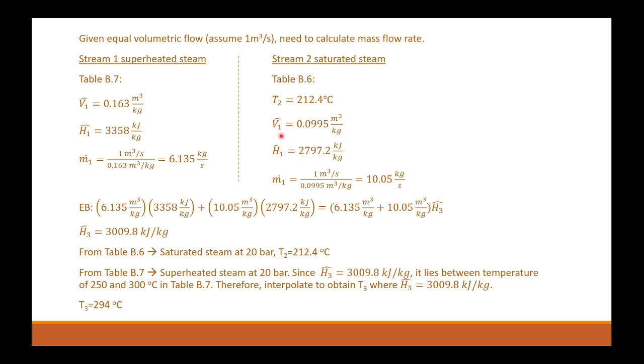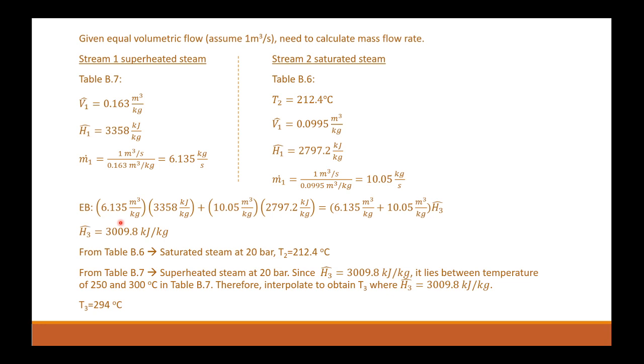H2, sorry for my mistake here, I'm so sorry. H2 is 2797.2, and M2, same thing, we take the volumetric flow, divide by the specific volume here, and that gives us 10.05 kg per second.